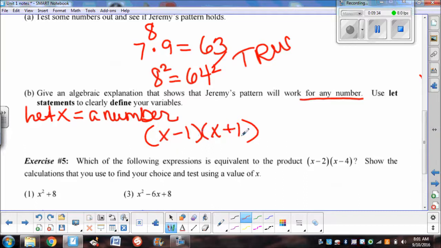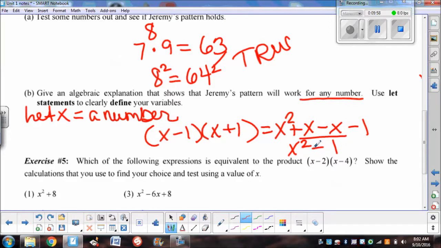Now let's multiply, because that's what we did up here. We multiplied our two numbers. So when we double distribute, x times x is x squared, plus x, minus x, minus 1. Combine like terms, plus x minus x, those go to 0, and I'm left with x squared minus 1. So what?